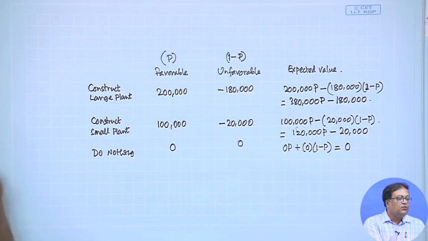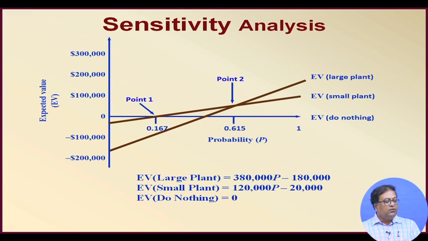So, let us look at how they combine. You can actually plot these. We have plotted here the EV large plant and EV small plant. Look at this particular plot. This axis is expected value. The first one is 380,000 P minus 180,000, so it starts somewhere around minus 180,000, and because it has a larger slope it goes up; that is the EV large plant.